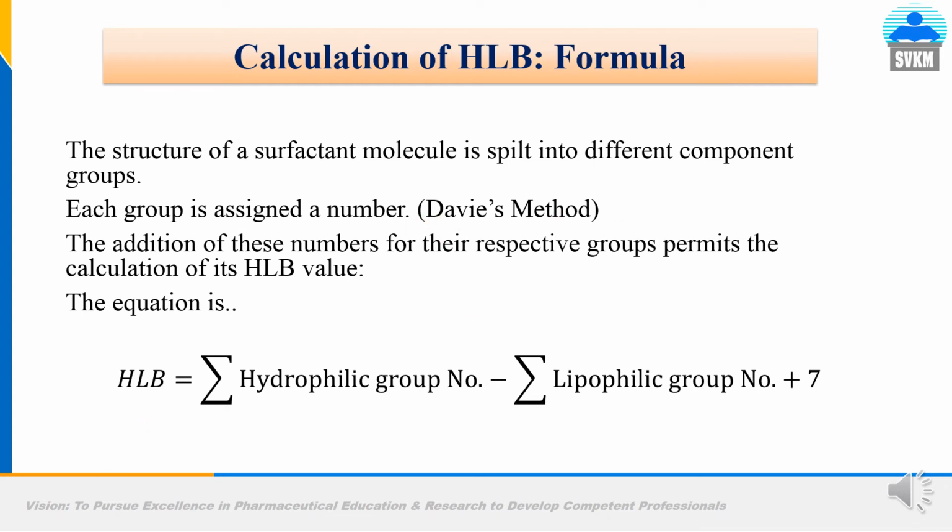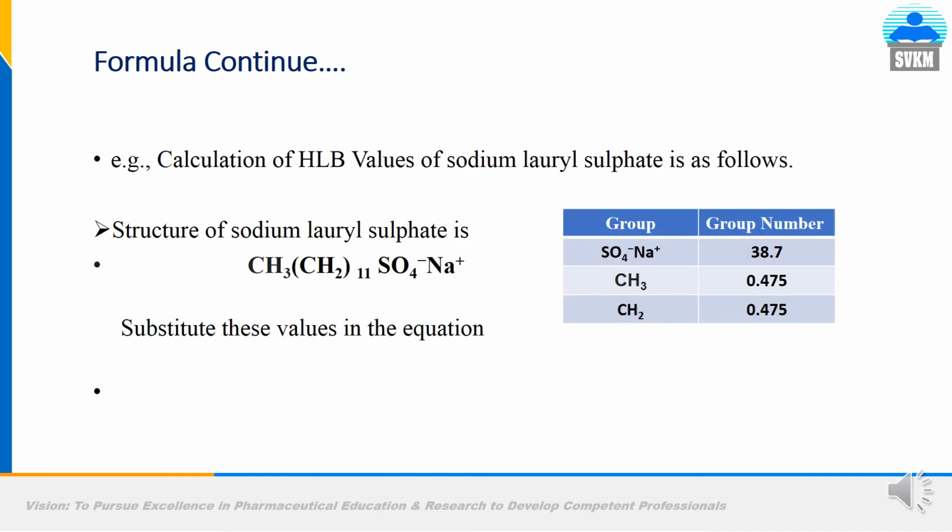So let us take one example so that it will be clear for you. See, if we want to calculate the HLB value of sodium lauryl sulfate, that is SLS, this is the structure of your SLS molecule. In the earlier slide we described that the first step is what? We have to split this molecule into different groups, right?